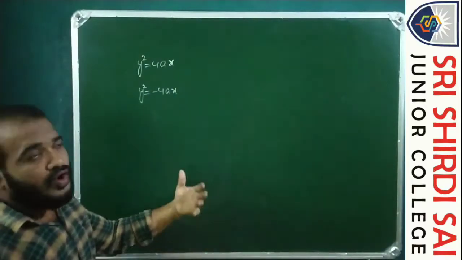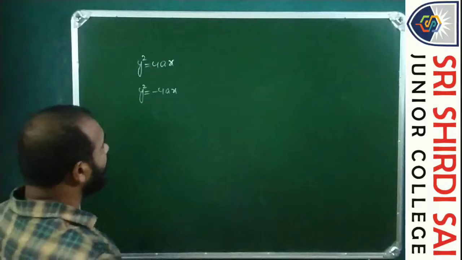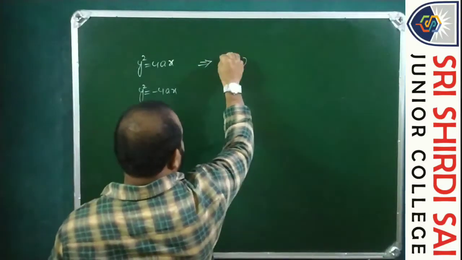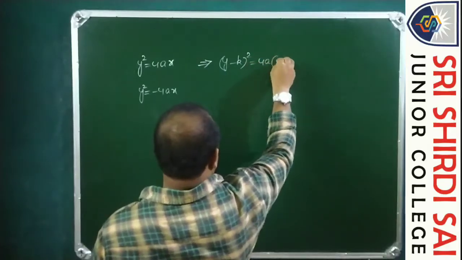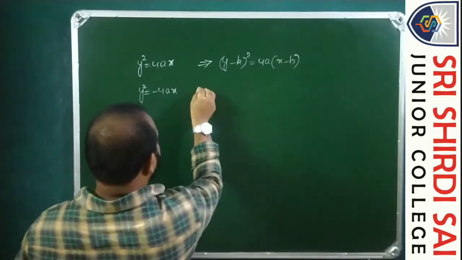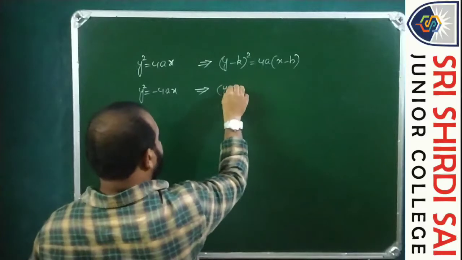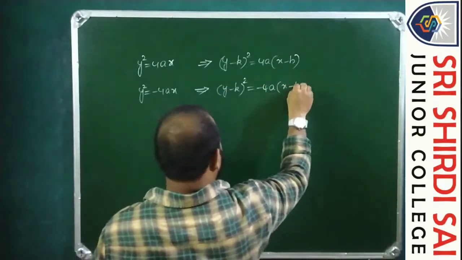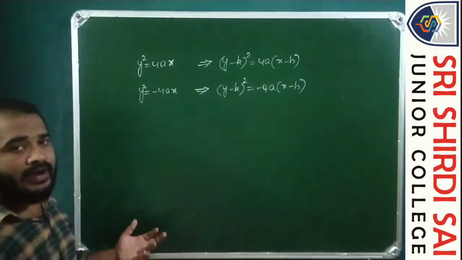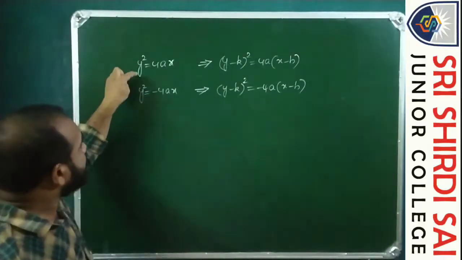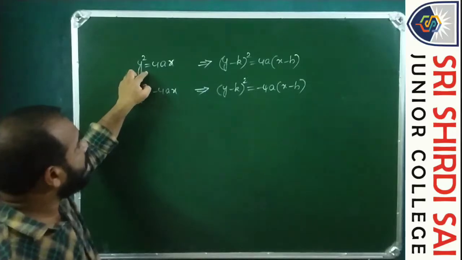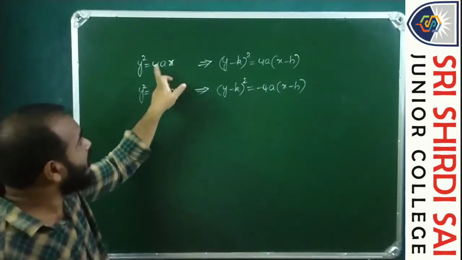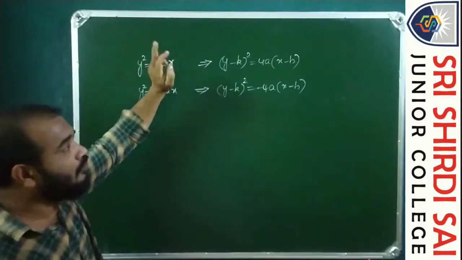But if the origin is shifted to h comma k, it will transform as y minus k whole square equals 4a into x minus h. So all these 4 parabolas are similar. This is y power even, symmetric about x axis.